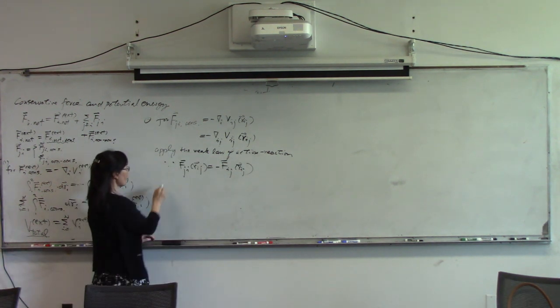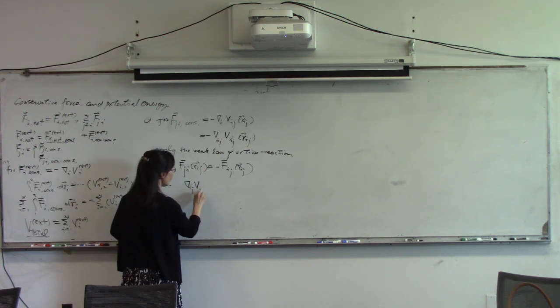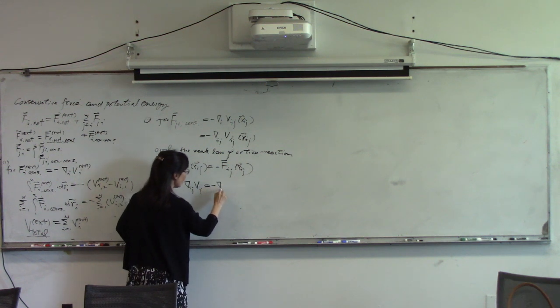Because we have this, we have the gradient of V_ij equal to the negative gradient of V_ji.